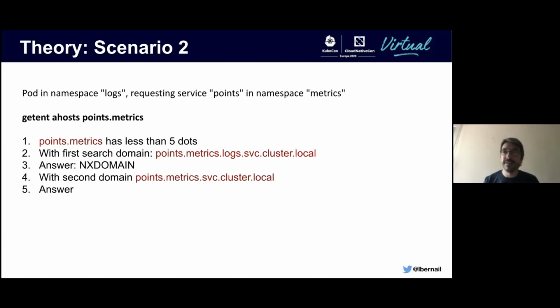As you can see, it doesn't really make sense because it's going to start with points.metrics.logs, which doesn't exist. So the first answer from the DNS pod is going to be NXDOMAIN because it doesn't exist. The resolver is going to continue, and this time queries for points.metrics.service.cluster.local by using the second search domain and gets an answer. So less efficient this time because we did 2 queries, but still it's pretty straightforward.